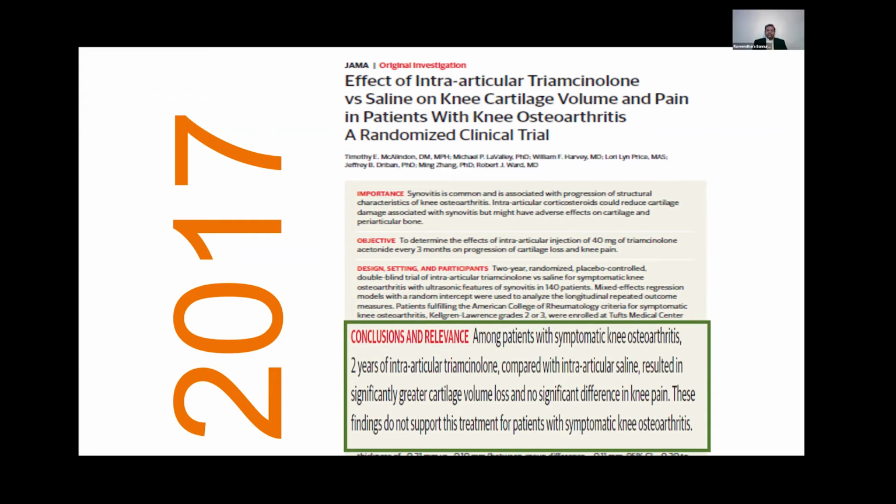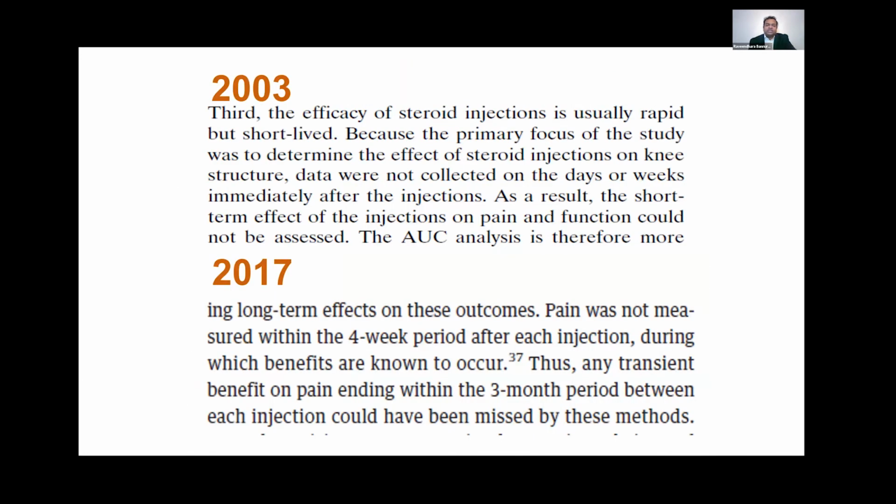No, I mean, I think the major focus of this trial when they started was to see the structural changes when you start injecting steroid multiple times in a year. So that's why they designed it that way. And when they designed a structural outcome trial, they did not design clinical outcomes properly.